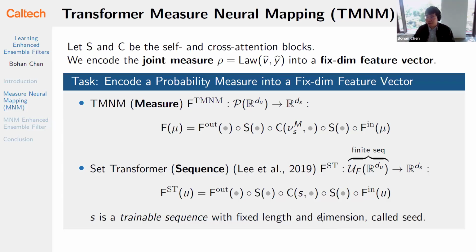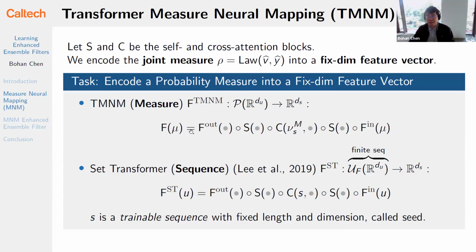The dimension is also fixed. So no matter how long your input sequence is, after this bottleneck it becomes a fixed length and fixed dimensional sequence.